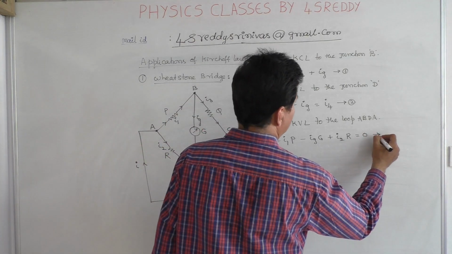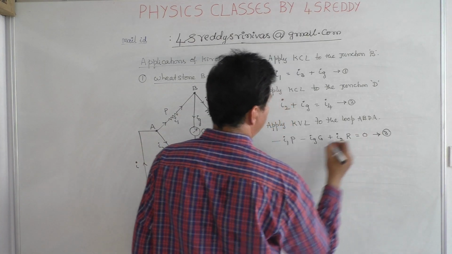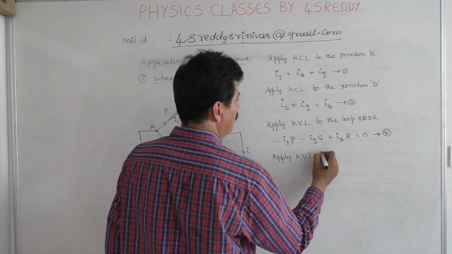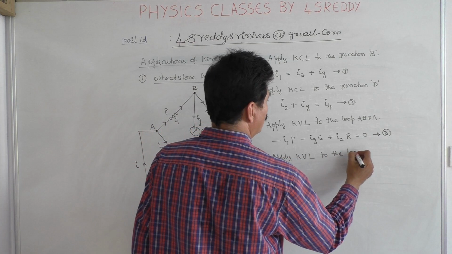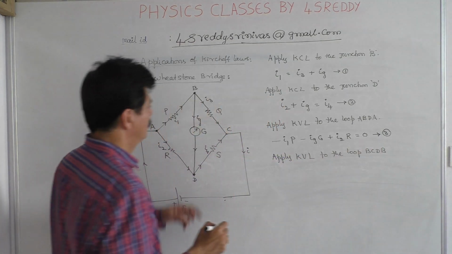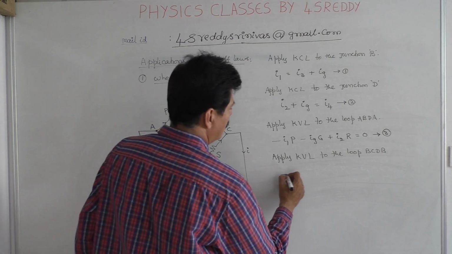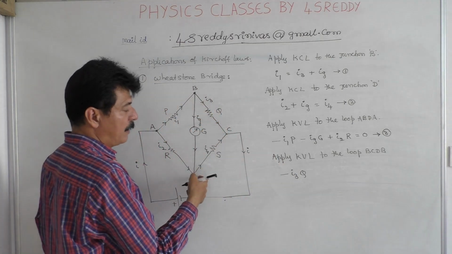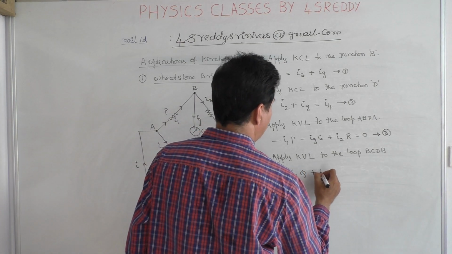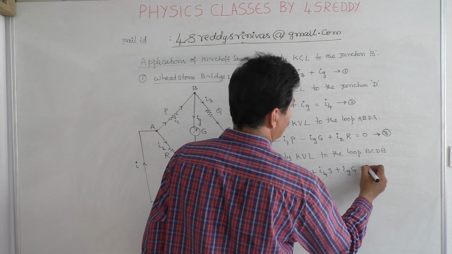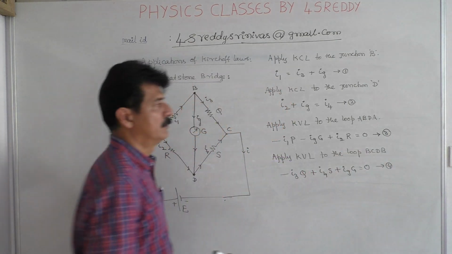This is equation number 3. And apply KVL to the loop BCDB. In the direction of flow of current, the product of current and resistance should be taken as negative. Here, opposite to the direction of flow of current, so plus I4 S, yes, plus IG G is equal to 0 is the equation.